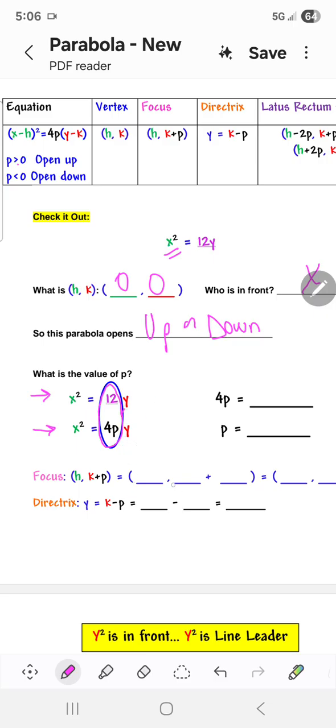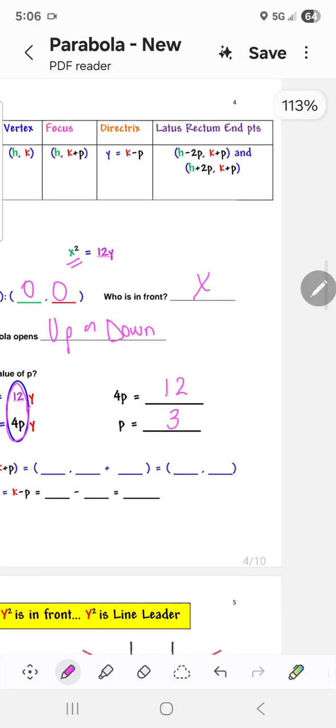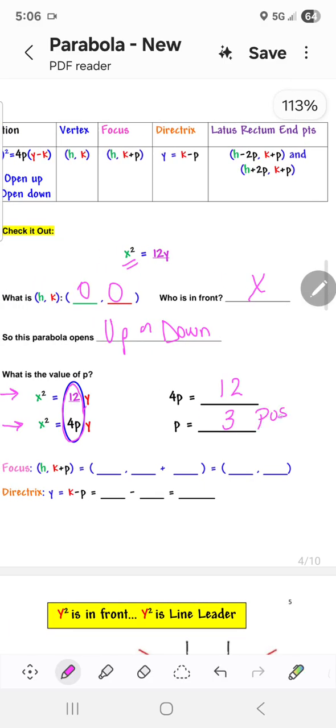That is going to be the way you find p. 4p equals 12. Solve. You need to divide by 4. p equals 3. Oh, well, 3 is a positive number. So if p is positive, that's positive, we're going to open up. And we open up why? Because x is line leader.